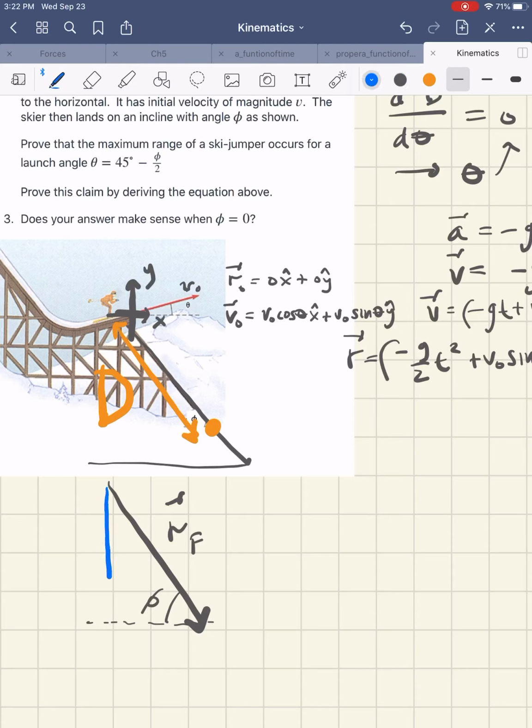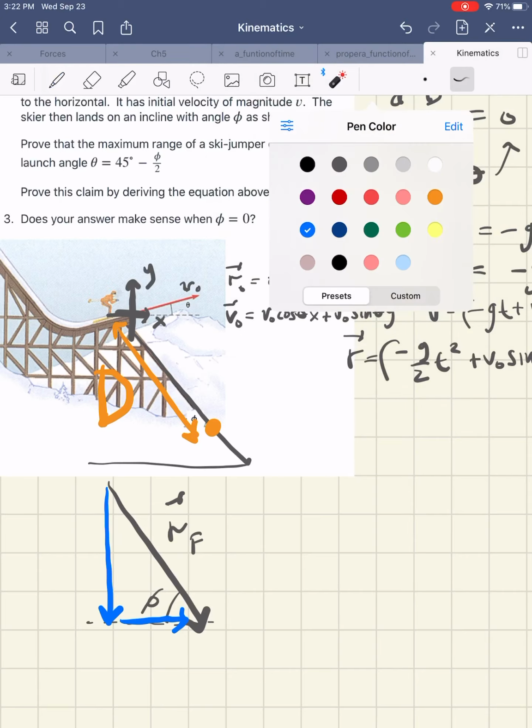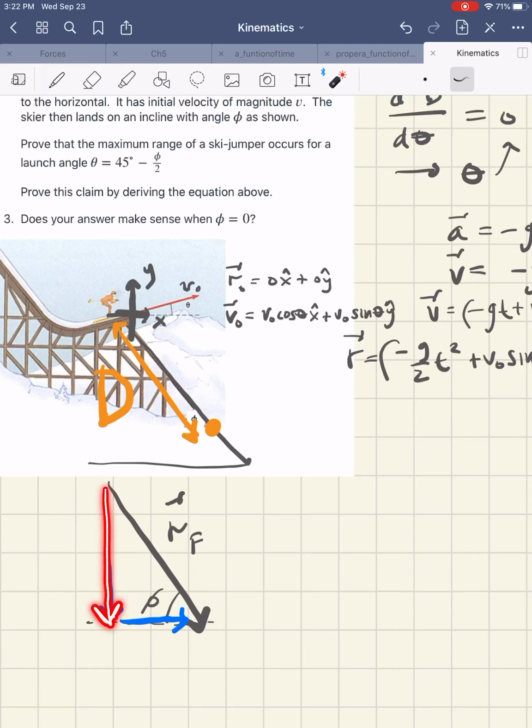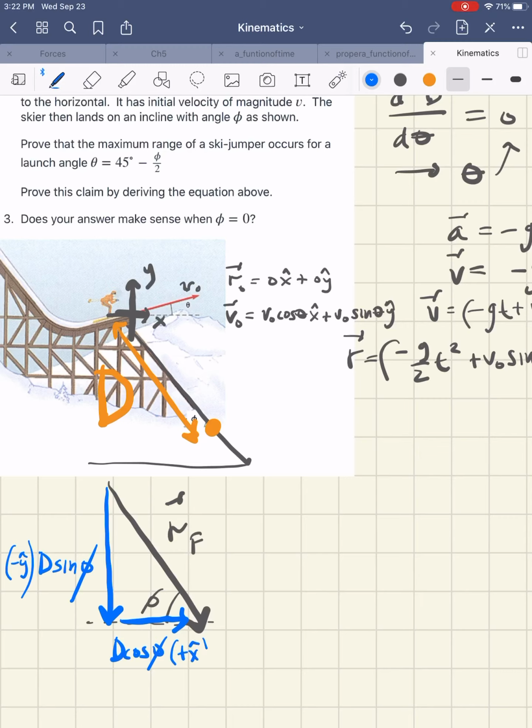Now, this vector is comprised of two vectors, one in the x and one in the y, that I add together to make r final. In particular, that's one in the minus y hat and one in the positive x hat. If the hypotenuse here has a magnitude of d, this component here is the sine phi component in the minus y hat, and this one is the cosine phi component in the positive x hat direction. And those make up my final position vector.